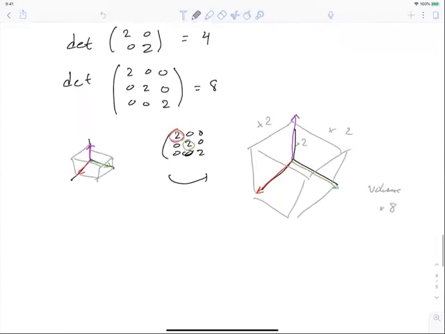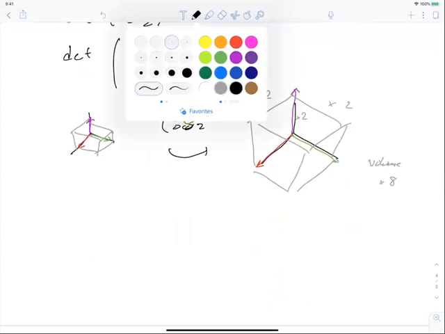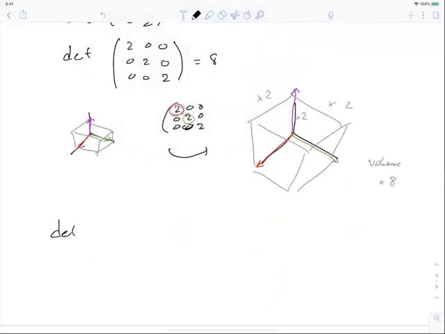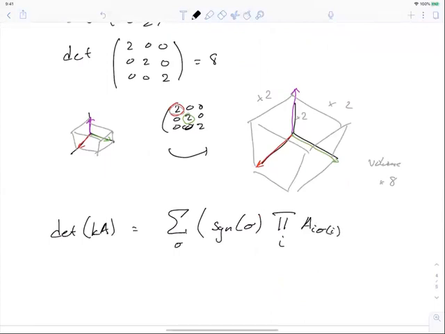To apply the formula here, you can pull out that k to the n. So we're going to multiply over all patterns of the signature of those patterns times the product. So this is very intimidating. That's why I encourage you not necessarily to memorize this, but to feel it and just intuitively understand it.